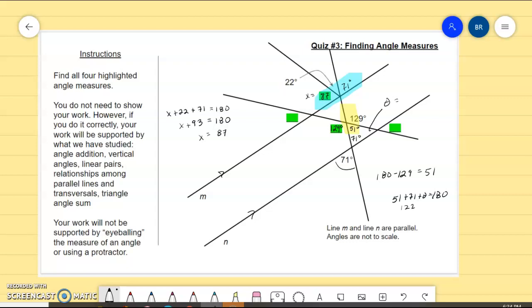So 122 plus theta equals 180. So theta equals 58. So that thing in there is 58 degrees. This is vertical to it, so it also is 58 degrees. Alternate exterior angles, 58 degrees, and we're done.